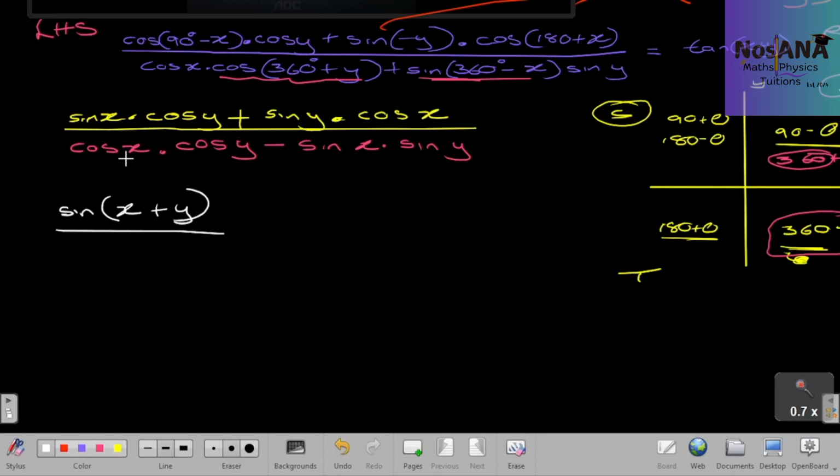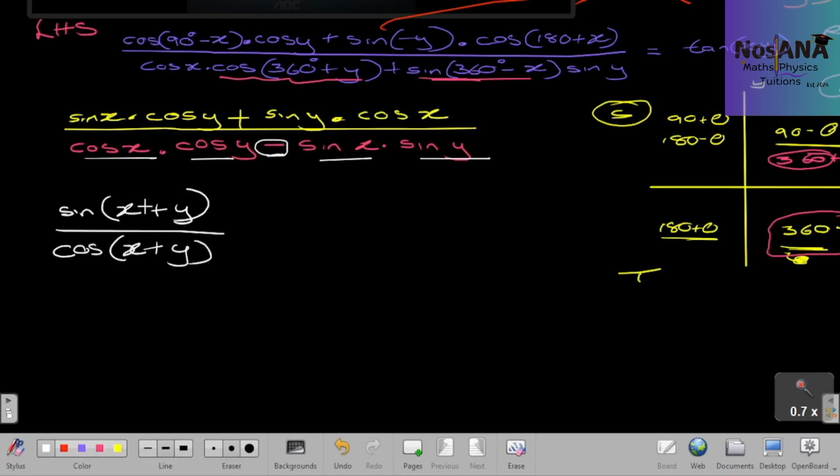Now you're going to do the bottom part. You have cos x, cos y, sine x, sine y. That means this is the compound angle for cos, and you have x. Remember that when the sign is negative outside here, the sign has to be positive in there, right? It has to be positive.